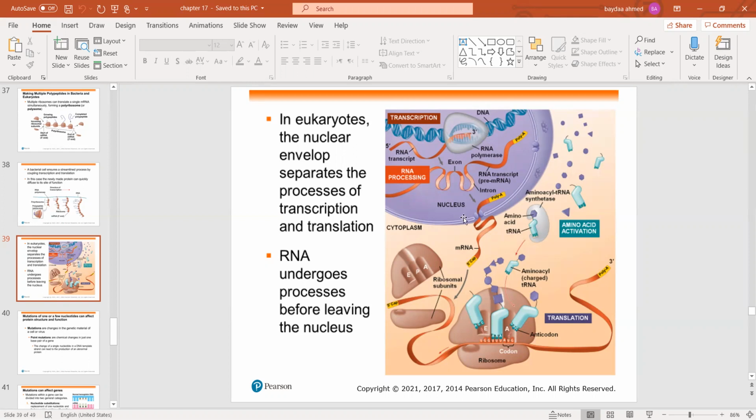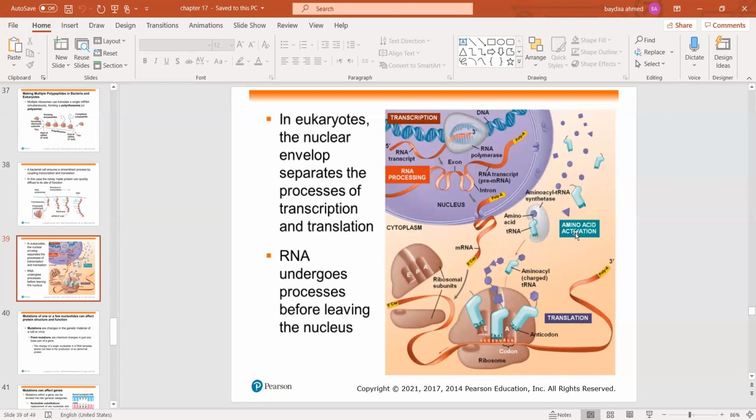The mRNA leaves the nucleus and attaches to ribosomes. Ribosome amino acid activation: each amino acid is attached to its proper tRNA with the help of a specific enzyme and ATP.